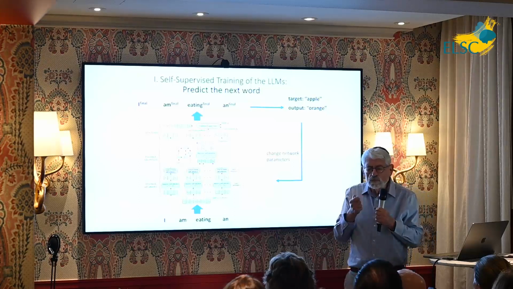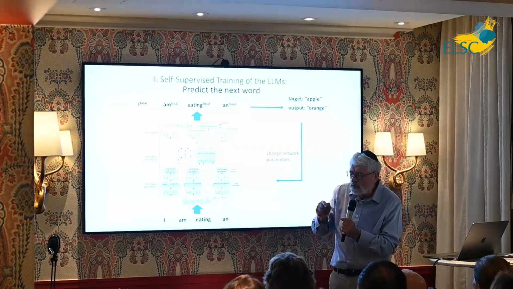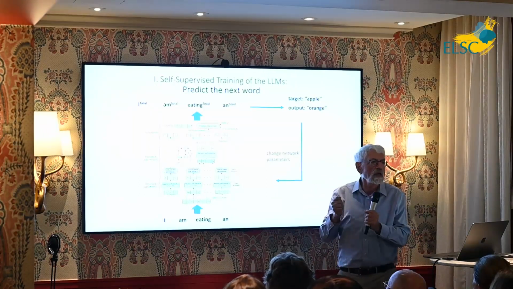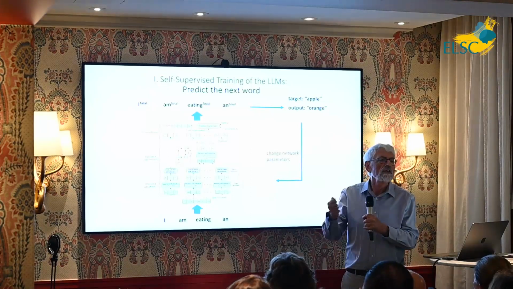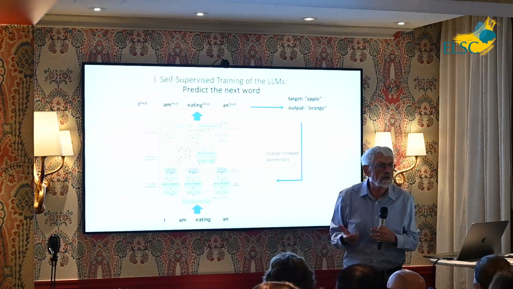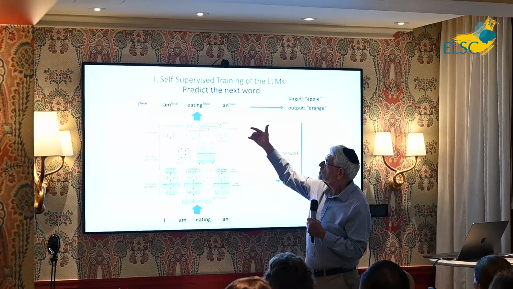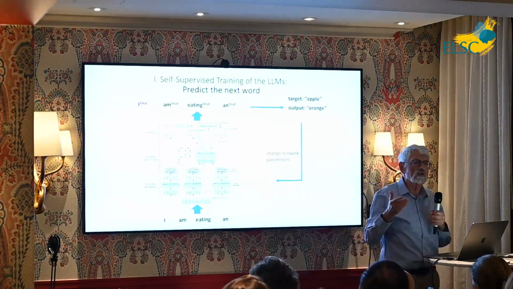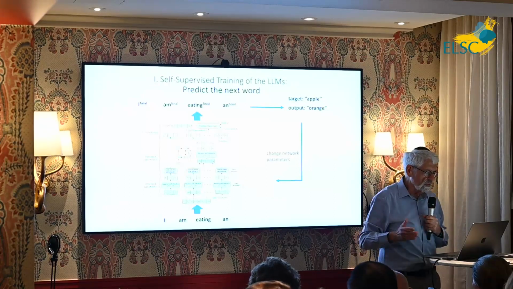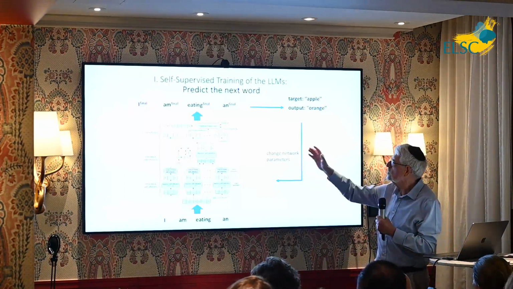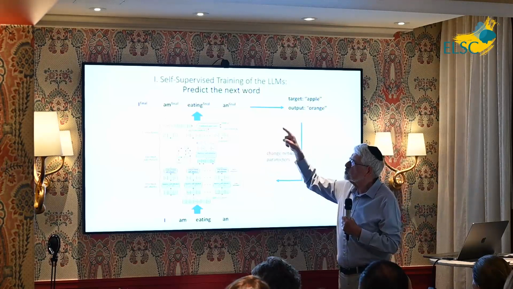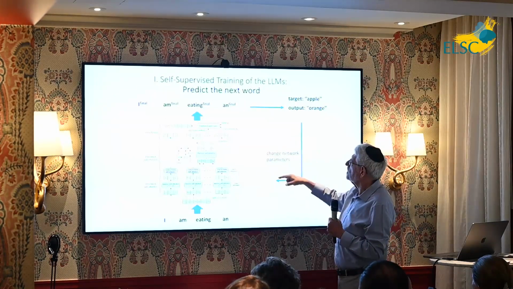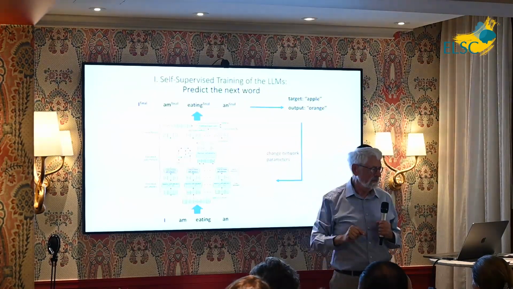You don't have to have people to say what is the correct answer, what is not. Because the text itself gives you what the correct answer is during training. That's called self-supervised. It's self-supervised because the data itself tells you what should be the correct answer. So there are zillions of words you can put, and the machine goes one by one and changes the parameters and so on. So that's the training.